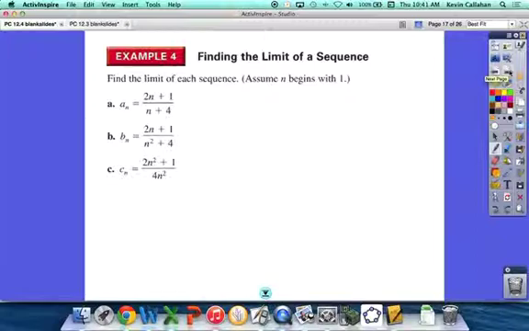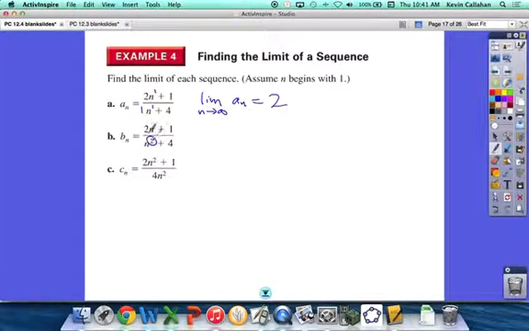Okay, so let's say the limit as n approaches infinity of a sub n equals, okay, in the first one, right, which rule are you going to use? They have the same highest power, so what is the limit? 2 over 1. 2. How about the second one? Right?